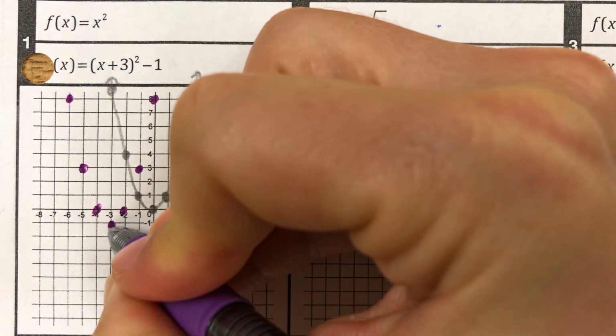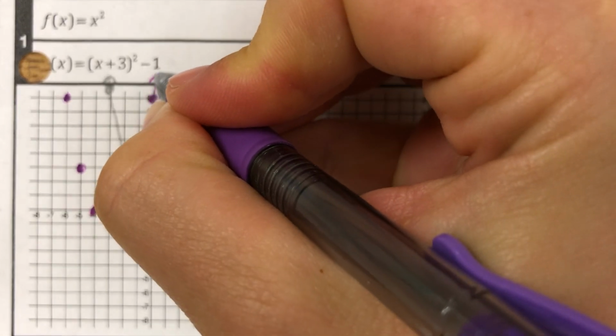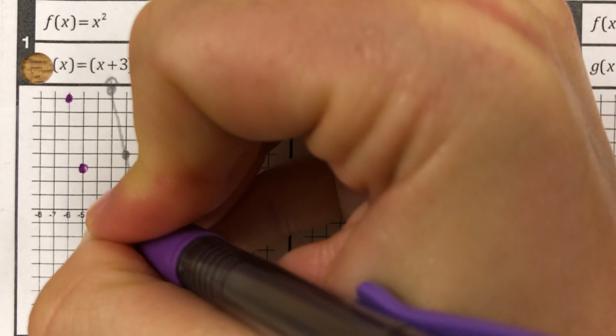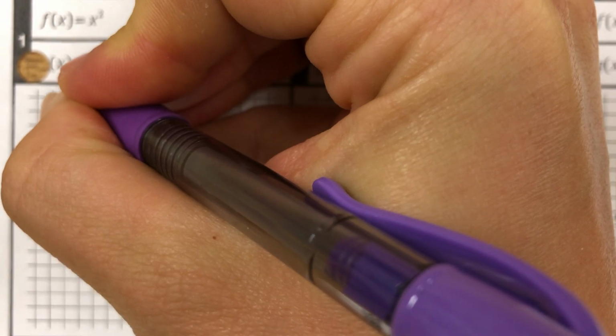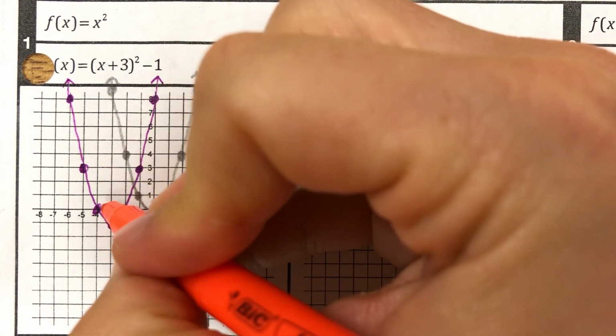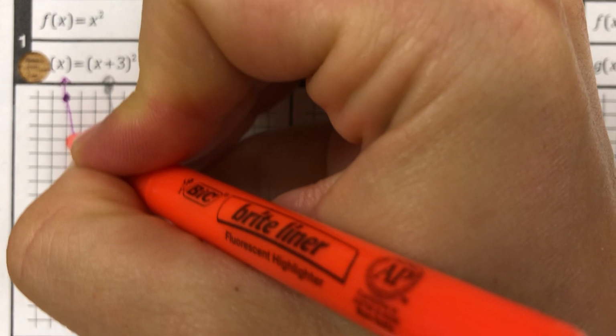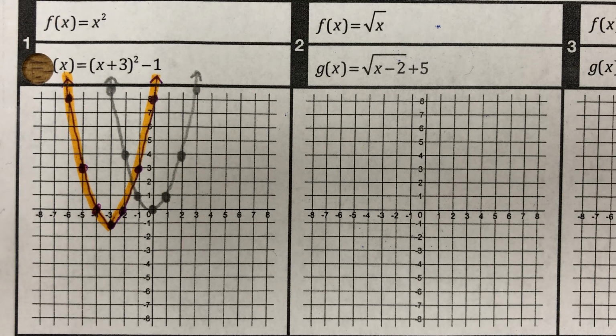So now I will connect these. And that is the graph of x plus 3 squared minus 1. And I graphed that using the parent function and the anchor points by moving them or transforming them 3 units left and 1 unit down.